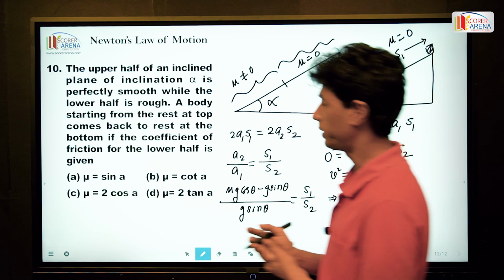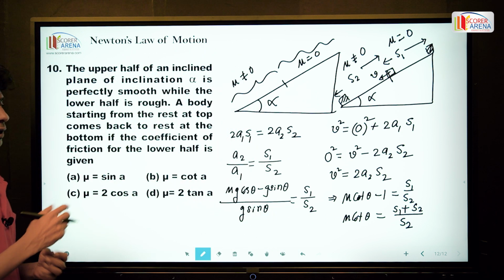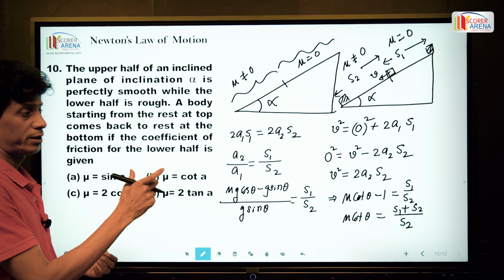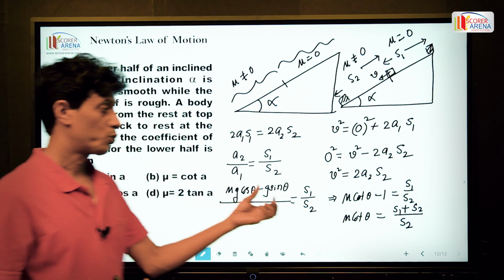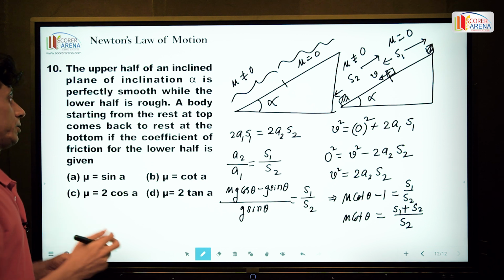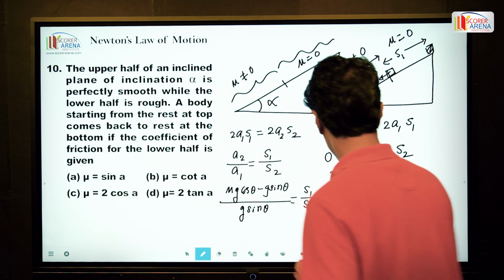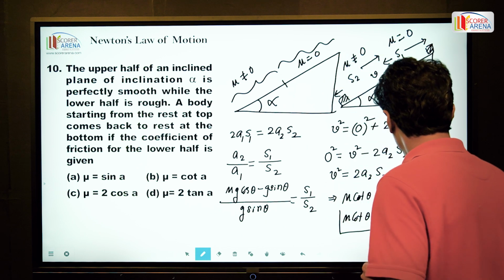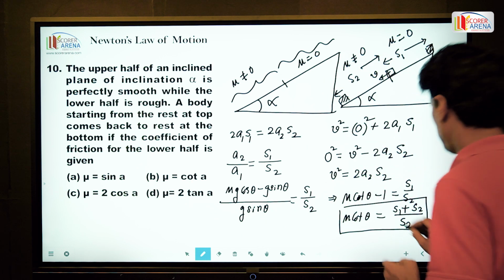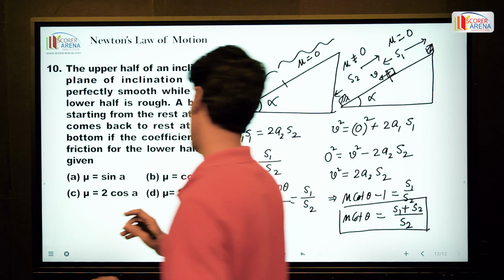So mu cot theta is equal to s1 plus s2 by s2. So mu cot theta is equal to the total path length divided by s2, the path length of the rough surface. This is an advanced formula: mu cot theta equals s1 plus s2 by s2.